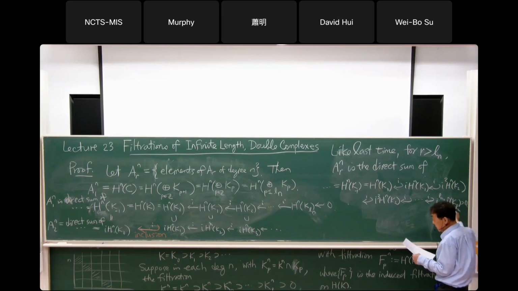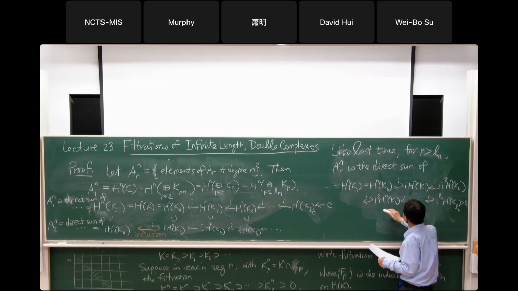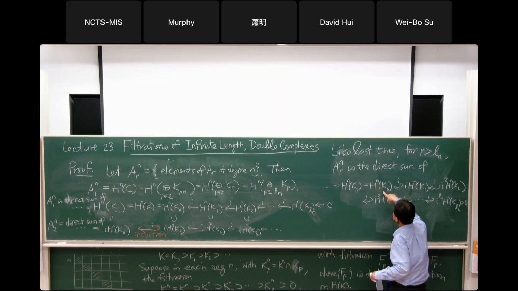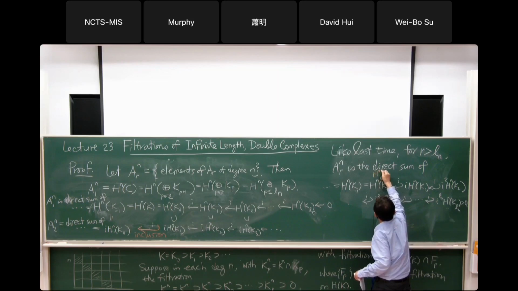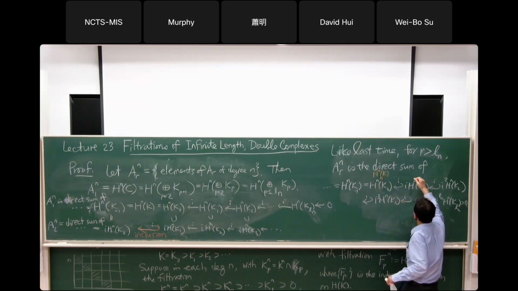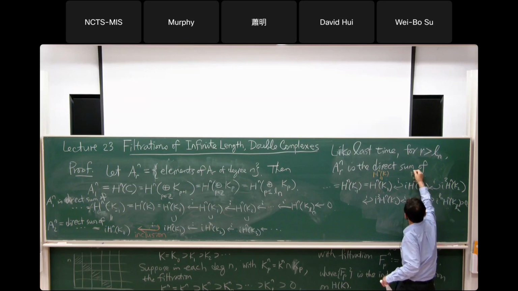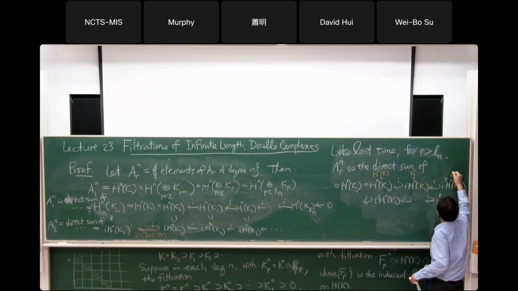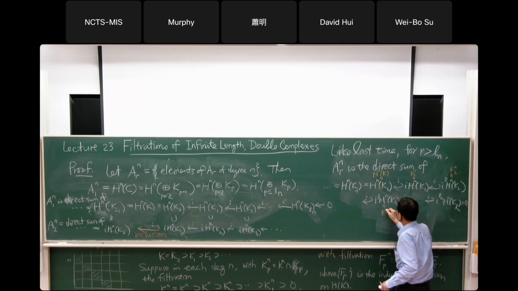And then here, let me see, what is this? So we're gonna call, let me see, so this is actually H^n of K, and so you get a filtration, and this we will call H^n_1, and this is H^n_2, this is H^n_3.